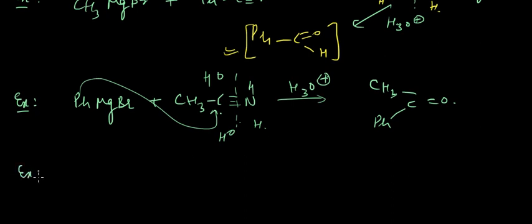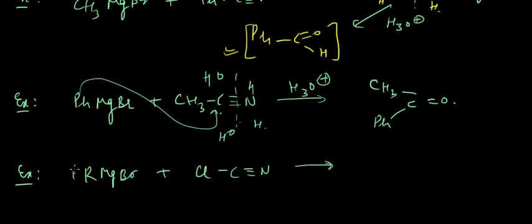Okay, next example is we have something like RMgBr and we are reacting it with CN. Okay, so in this case what would be the product?